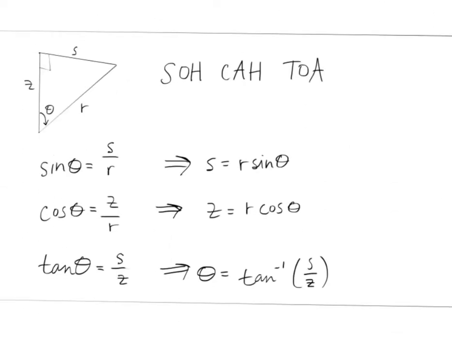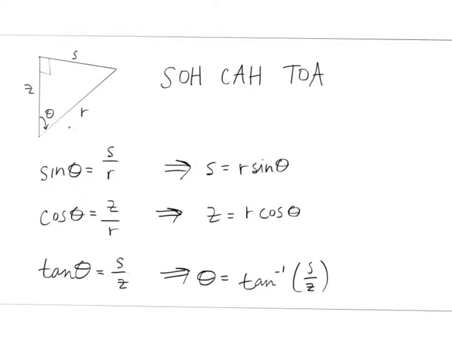So here we had our r and our theta, and we said that this vertical piece is equal to z, and this horizontal piece is equal to s. So if we use our handy-dandy SOHCAHTOA, we'll see that sine theta is equal to the opposite over the hypotenuse, which is s over r.